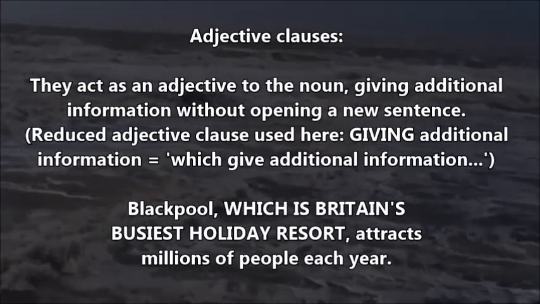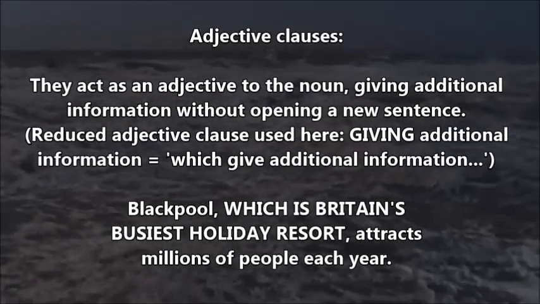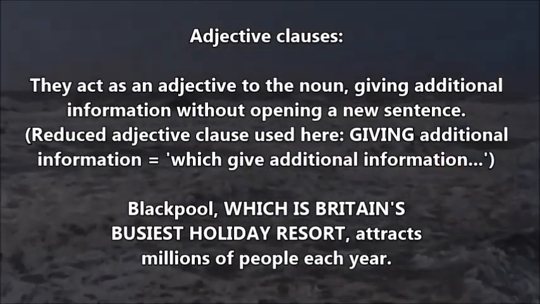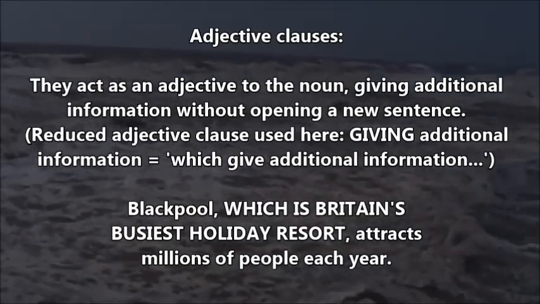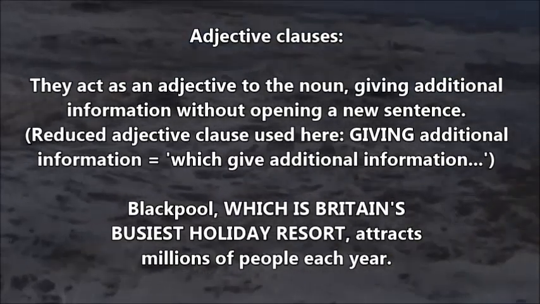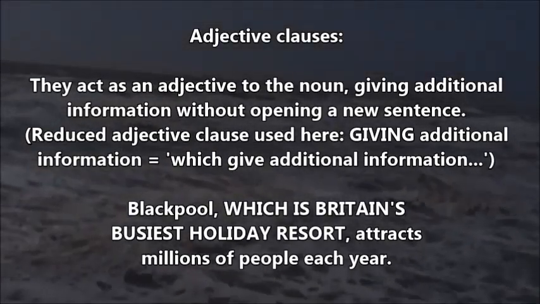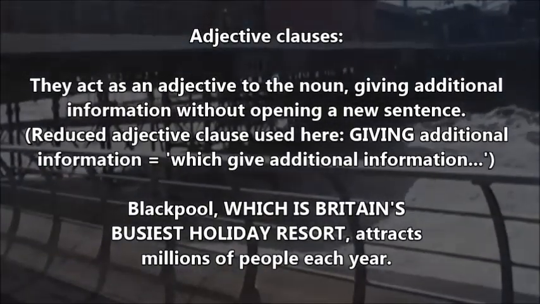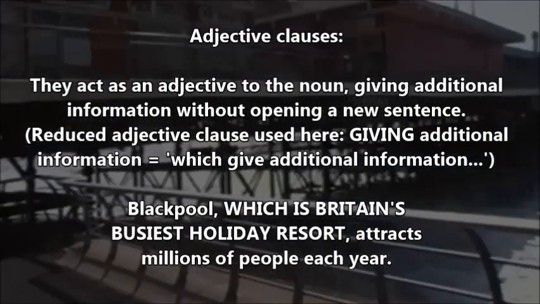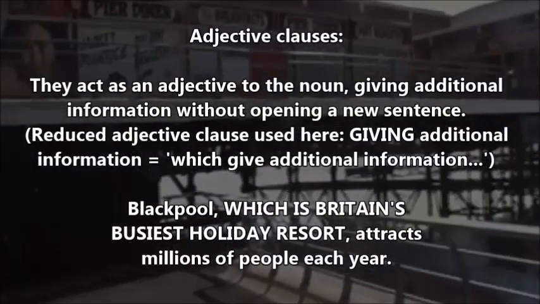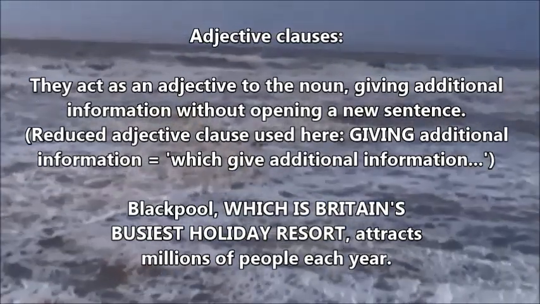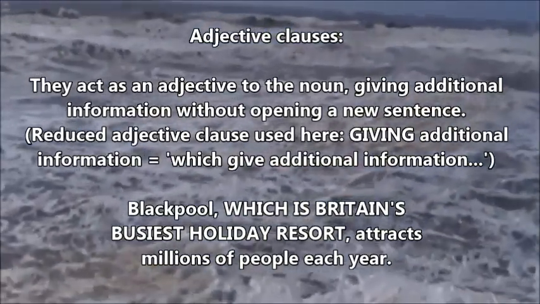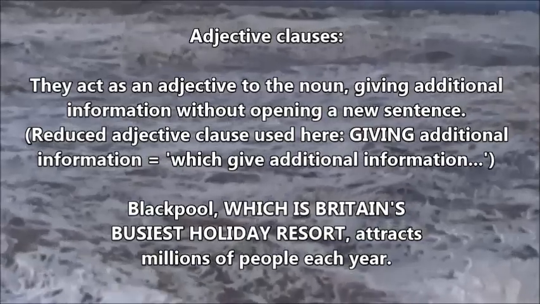What about an adjective clause? Well, they act as an adjective to the noun, giving additional information without opening a new sentence. And you notice there was a reduced adjective clause which gives additional information. Okay, I reduced that. So, adjective clause: Blackpool, which is Britain's busiest holiday resort, attracts millions of people each year.